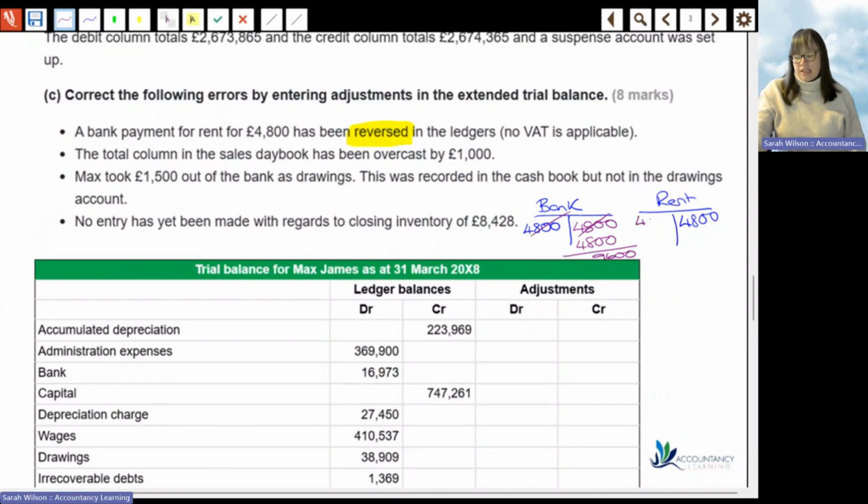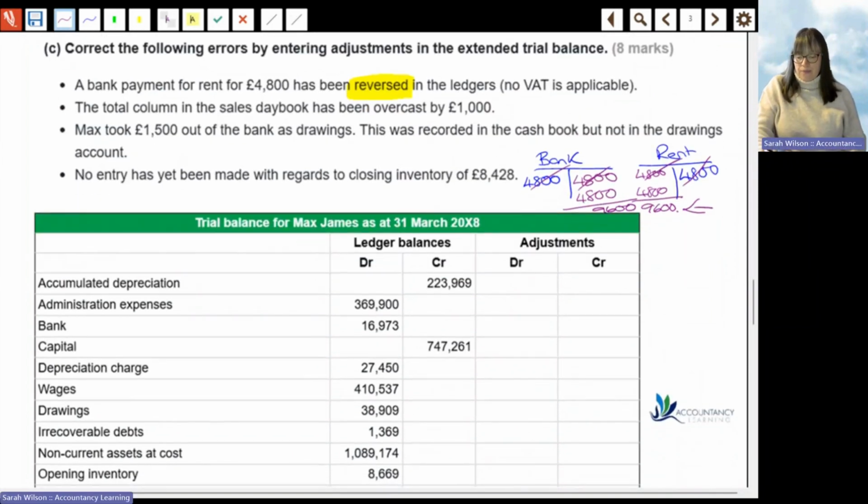And we need to do the same on the rent account, cancel out the wrong entry, and then put in the correct entry so that it's sitting on the right side of the account. So on that debit side, it's an increase in expense, so it should be a debit. So our actual adjustment is doubled to 9,600.